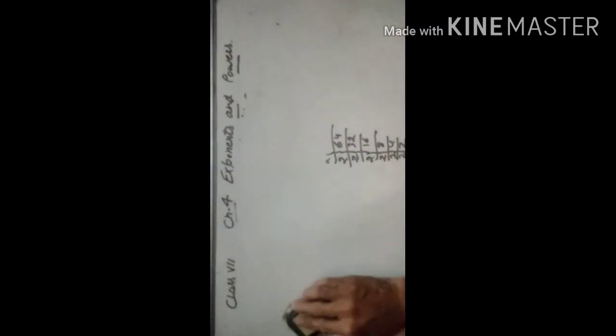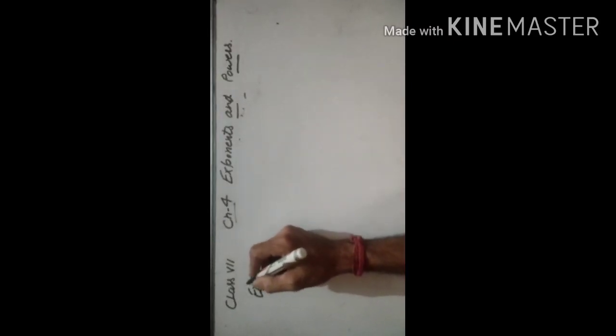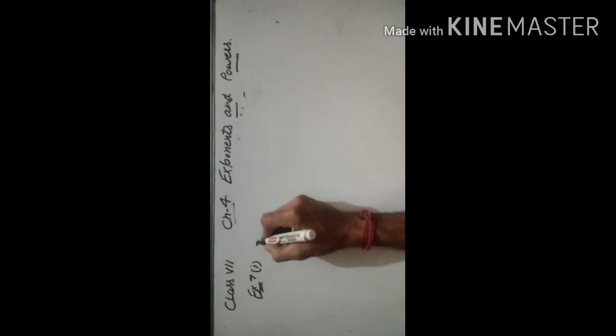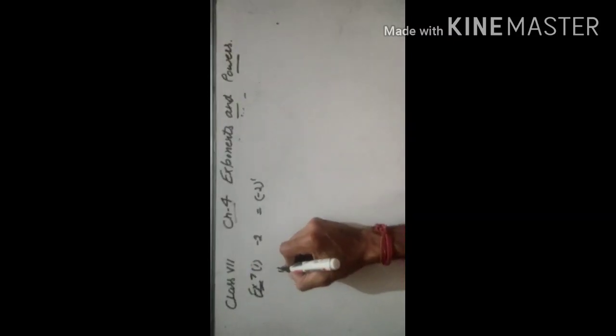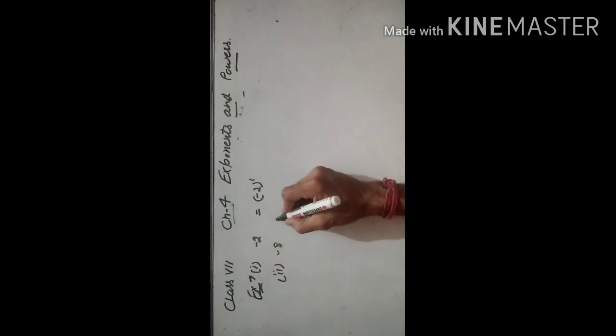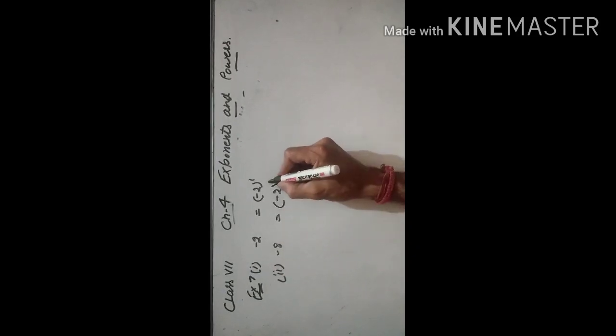Now in example number 7, write the following numbers as a power of -2. First part is -2. We can write -2 to the power 1. Second part is -8. -8 means -2 to the power 3.